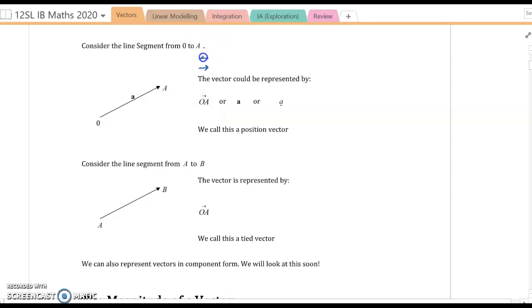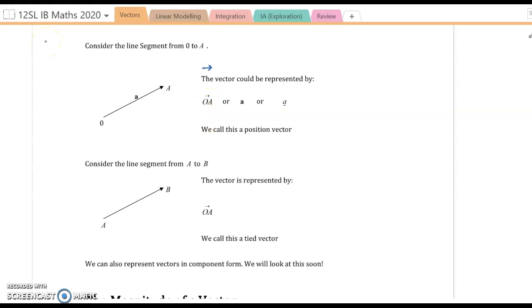We don't ever write the arrow from right to left, because the vector AO wouldn't be OA with the arrow going in that direction. That's incorrect. If I wanted the vector AO, I would write it like that. The other thing is they've called this a position vector and a tied vector. They're pretty much the same thing.